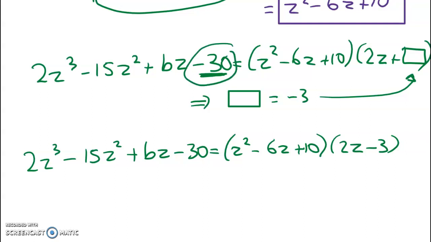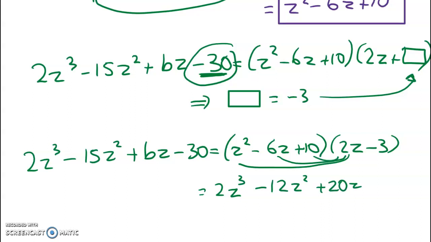Now I matched it on this, but I can now check it on the other coefficient. So we see if we expand this, we're going to get 2z cubed, and then I'm going to get minus 12z squared plus 20z minus 3z squared.